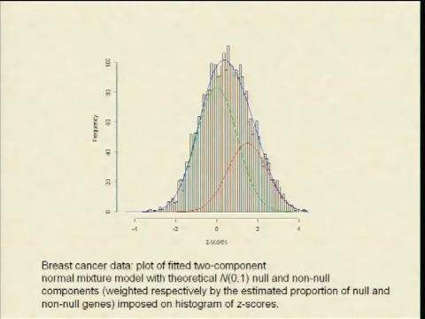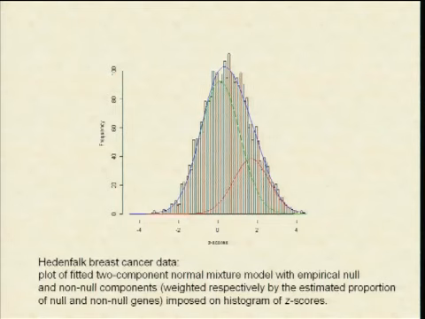And so that's what we got before when we had the theoretical null. And when we fit an empirical null, well, it's very hard to compare the two slides when they're not up together. But basically, it's slightly different.